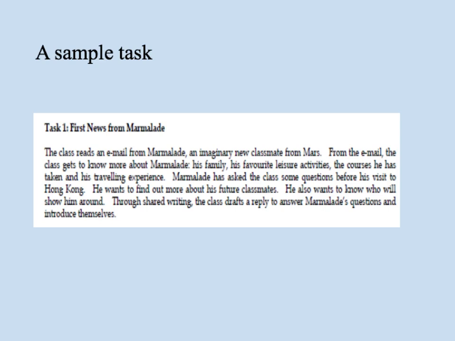From the email, the class gets to know more about Marmalade, his family, his favorite leisure activities, the courses he has taken, and his traveling experience. Marmalade has asked the class some questions before his visit to Hong Kong. He wants to find out more about his future classmates. He also wants to know who will show him around. Now, through shared writing, the students will draft a reply to answer Marmalade's questions and introduce themselves.